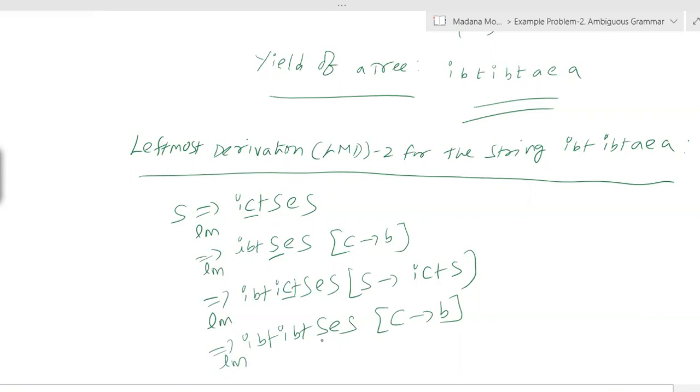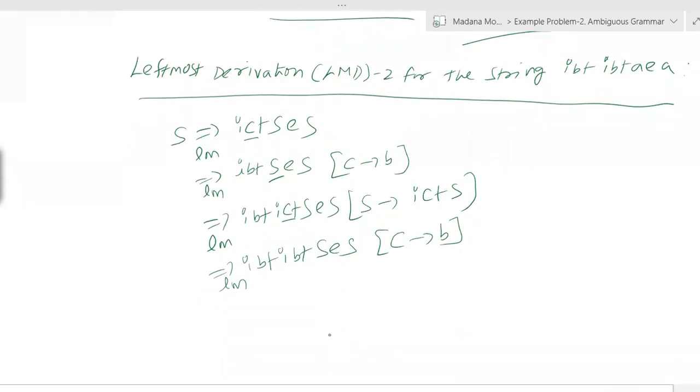After IBT, what we want? AEA. Here we have two S. Now substitute both S values as terminal A one by one in each step. Now the leftmost S we have to substitute by terminal A. Now this will become IBTA. Now the leftmost S is substituted by terminal A. Now ES remains the same.